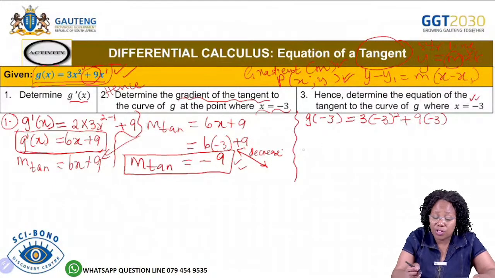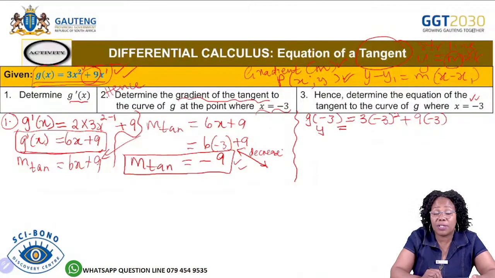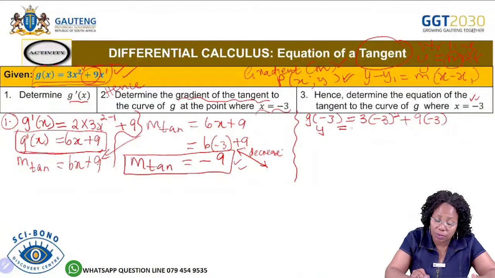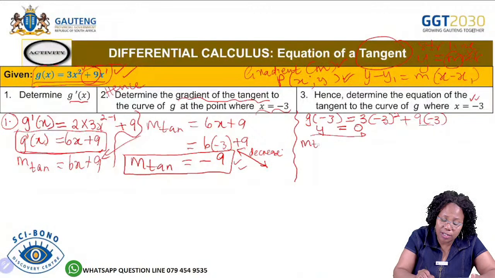And then if you put this into your calculator, now remember this is representing the y value for that particular point, and then this is giving us the y value that is equal to 0. Okay, that will be -27. Yes, that is +27. So y will be 0 now. Now we have m tangent, the gradient, which is -9. We have a point, x value -3, and the y value is equal to 0 there.